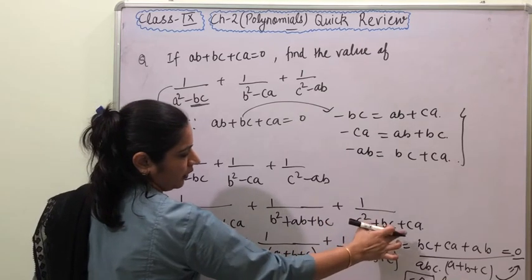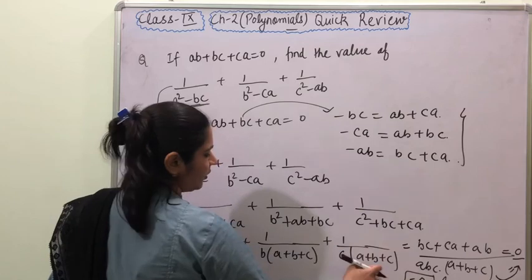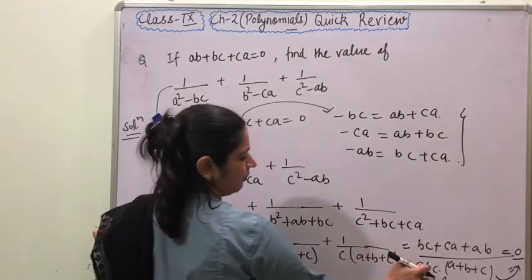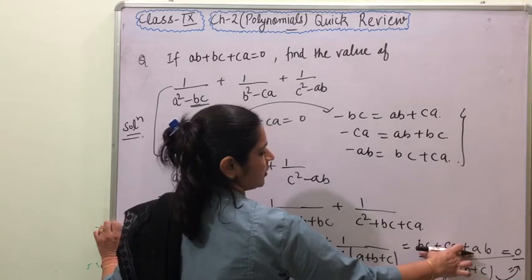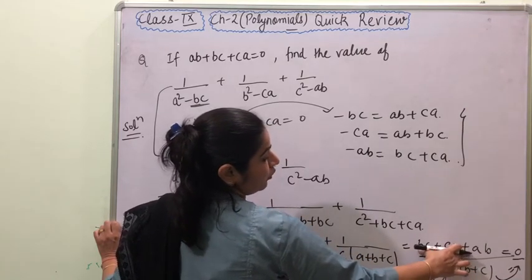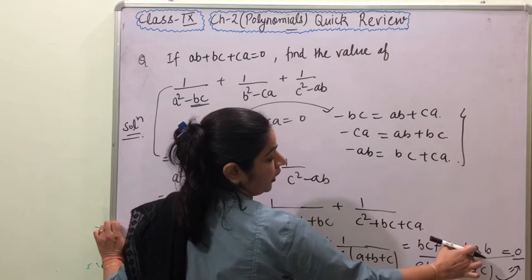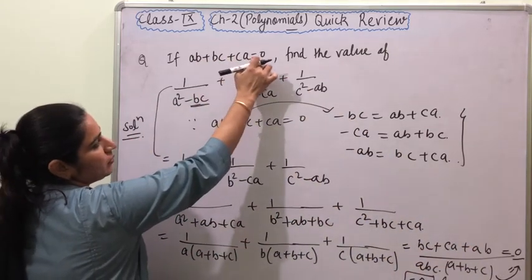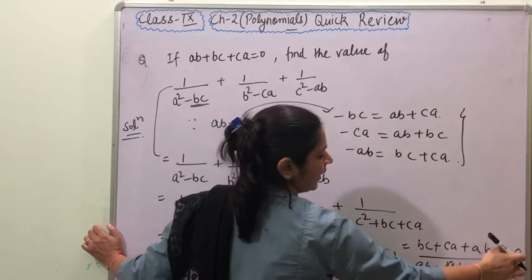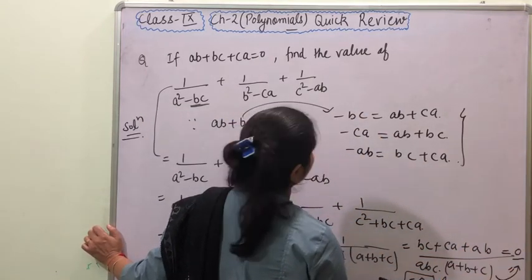After that we took the LCM, abc into (a plus b plus c). In the numerator we got ab plus bc plus ca, but the value of ab plus bc plus ca is equal to 0. So 0 by any term is equal to 0, which is the final answer.